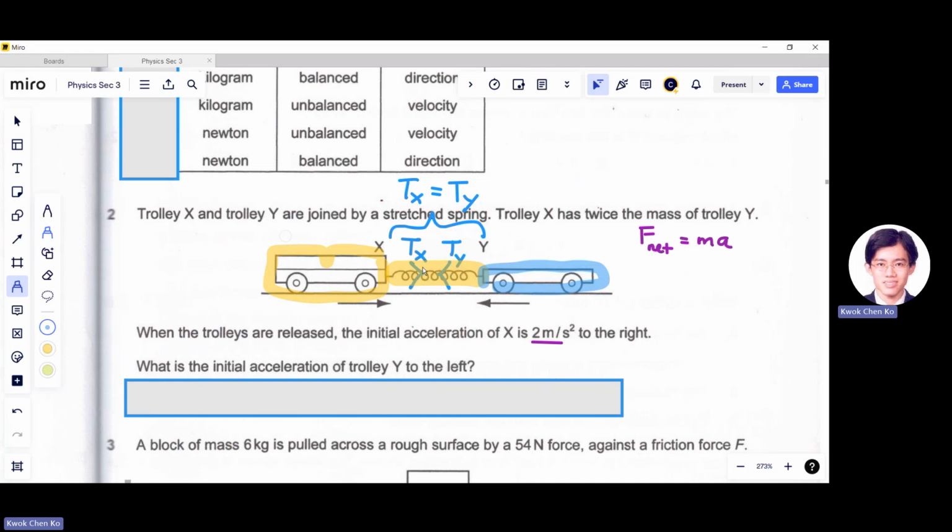However, whenever you look at the spring or string or rope, anything that is taut, these two tensions are equal. Right? They have to be equal to maintain the integrity of the spring. So you will need to use this piece of information in order to solve for this question.